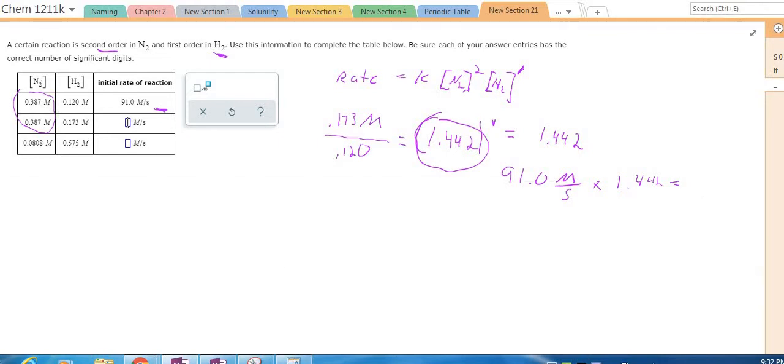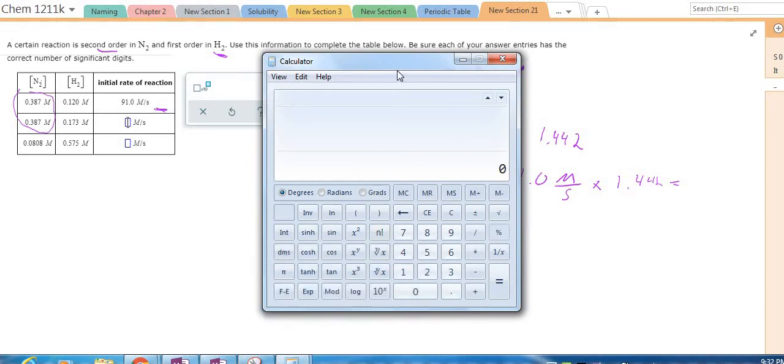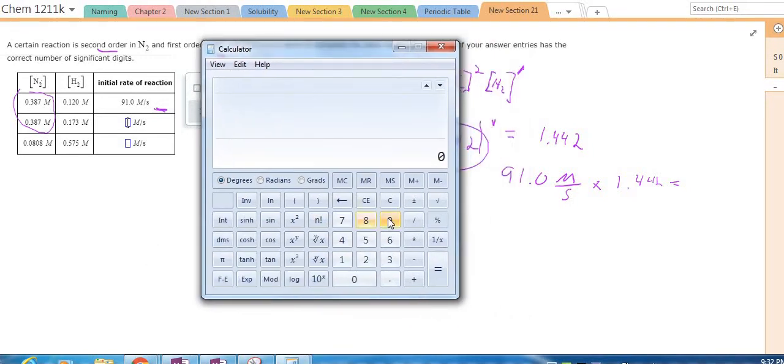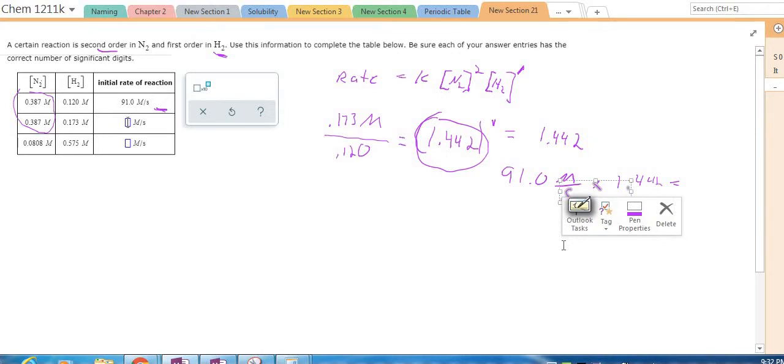So that's going to be 91 times 1.442, and that's going to equal 131.222.